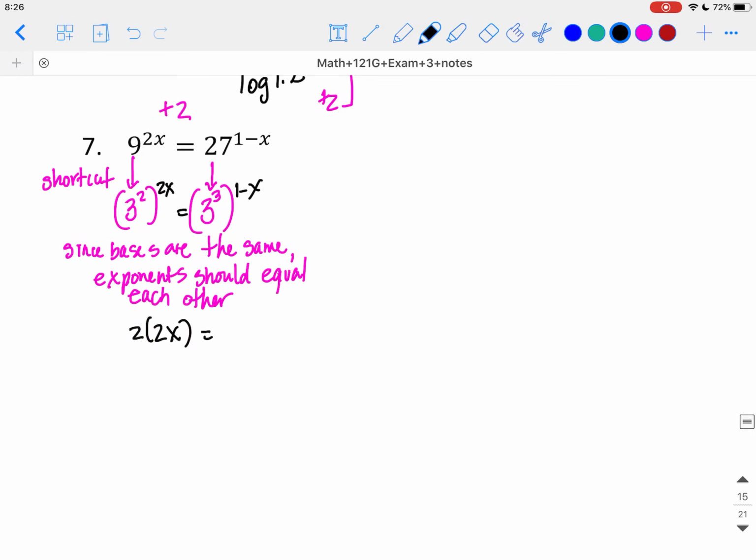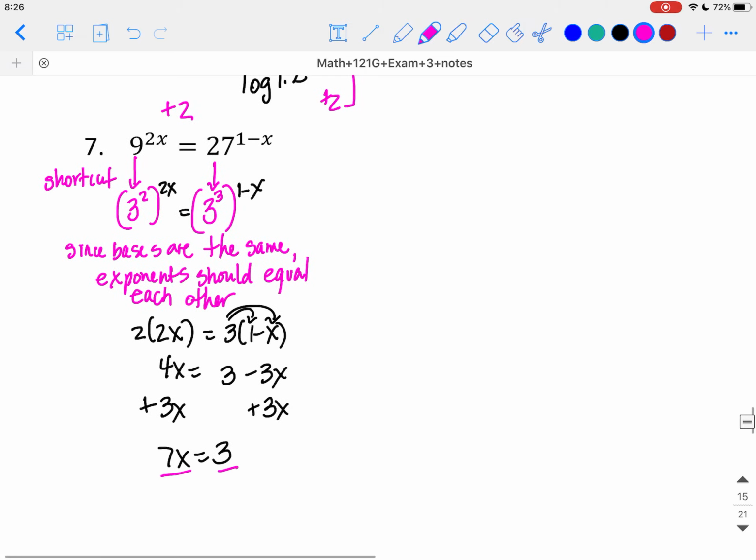So then I'm going to have 2 times 2x is equal to 3 times 1 minus x. And so this is going to be 4x is equal to, let me distribute the 3, 3 times 1 is 3, 3 times minus x is minus 3x. Then we just add 3x to both sides.